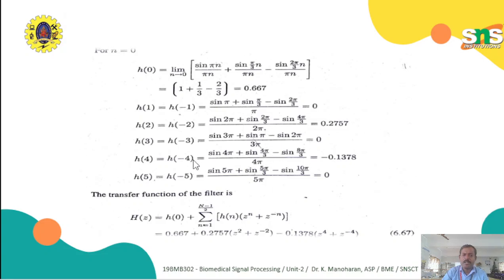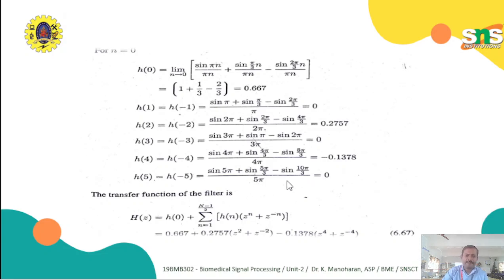Whole divided by n pi, so n is 4, 4 into pi. This is the value for h of 4. We simplify, we get minus 0.1378. Now we can find it for h of 5. So h of 5 will be equal to h of minus 5, that will be equal to sin of 5 pi plus sin of 5 pi by 3 minus sin of 10 pi by 3 whole divided by 5 pi. So this value is also 0.